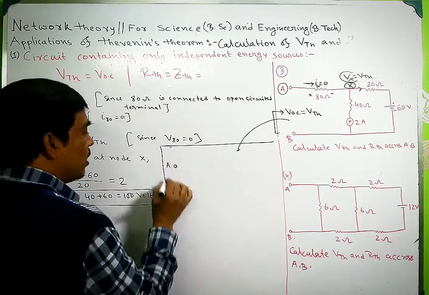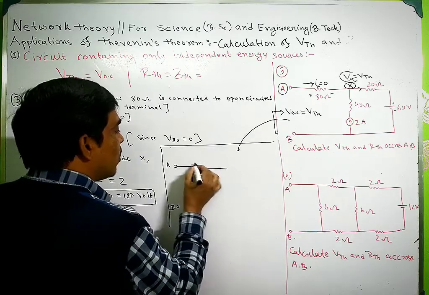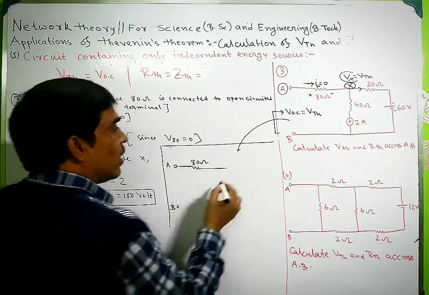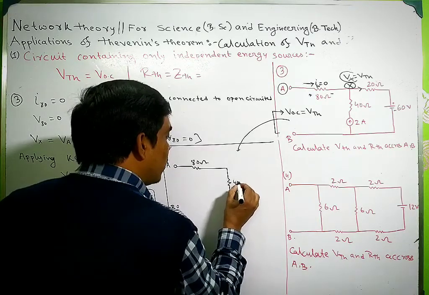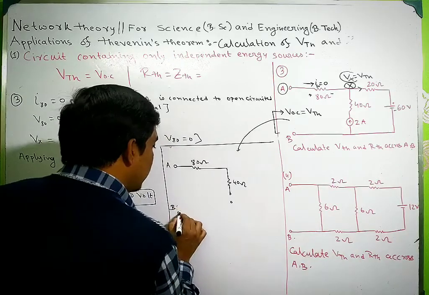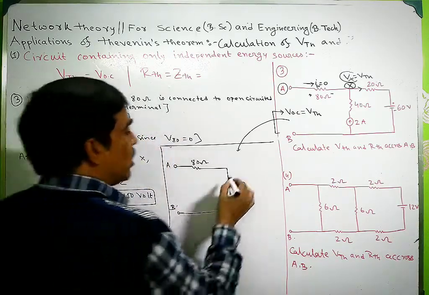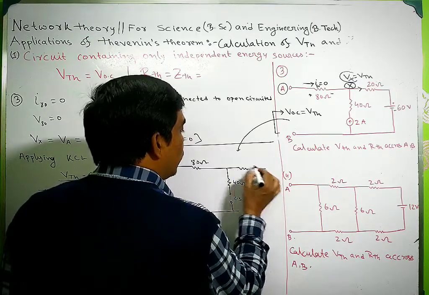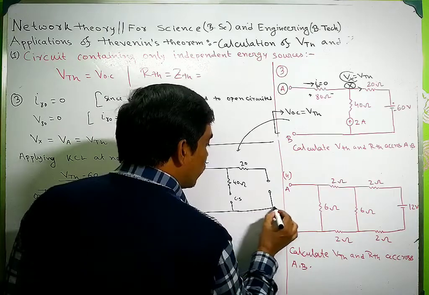This is A, this is B. This is 80 ohms, and this is 40 ohms, and this is a current source, and this is another 20 ohms, and this is a voltage source.